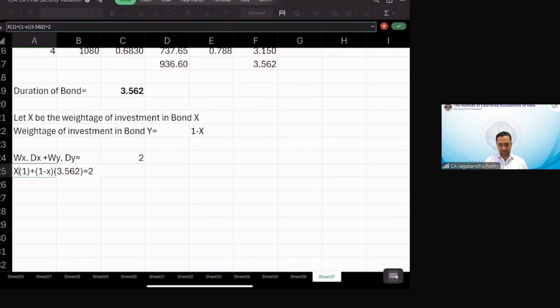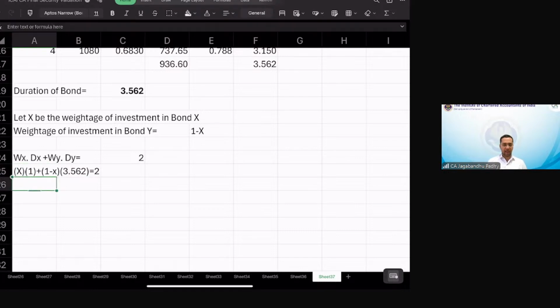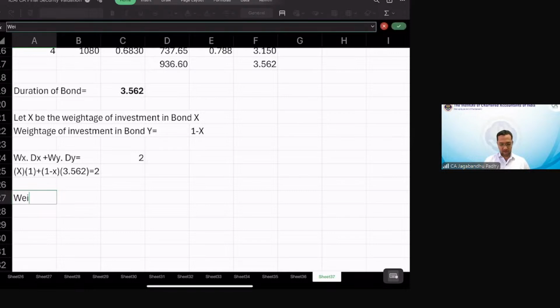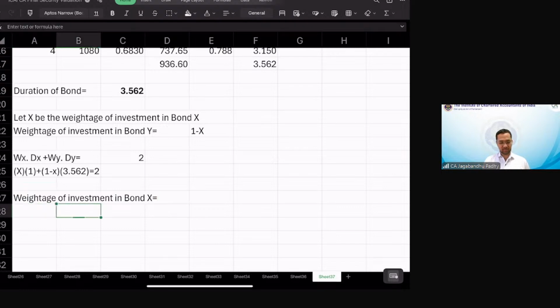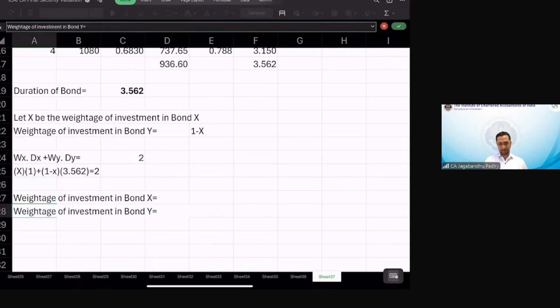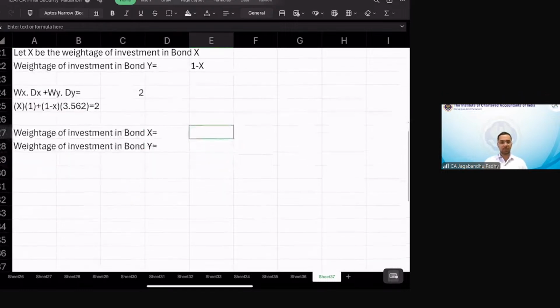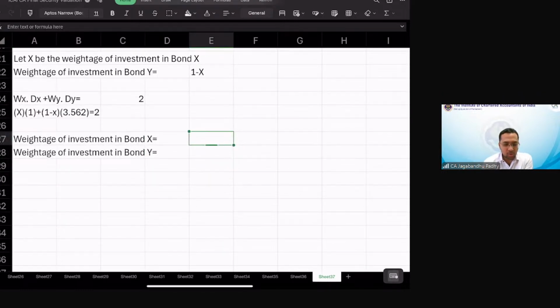Can you solve this and give me the value of weightage of X and weightage of Y? So I have to make an investment in both the bonds. Solve this equation and give me the weightages of investment in bond X and bond Y.